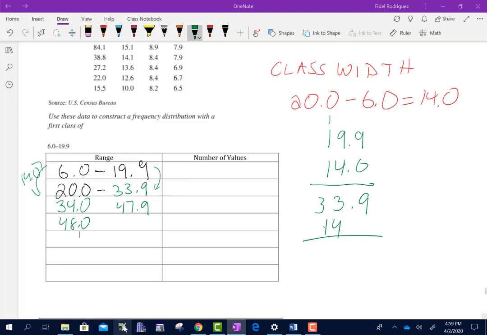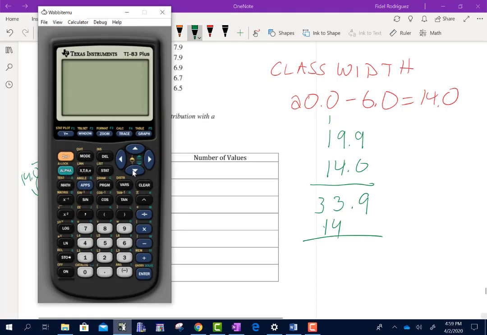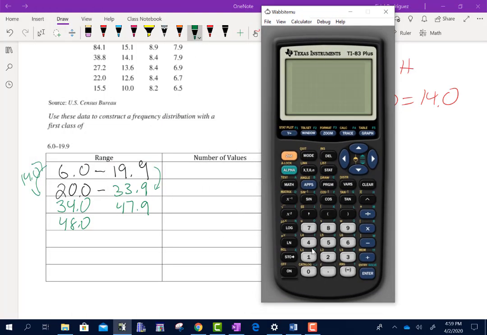Let's get it going. There we go. So let's see, where we were at 47.9. We're going to add another 14. That's going to give me 61.9.